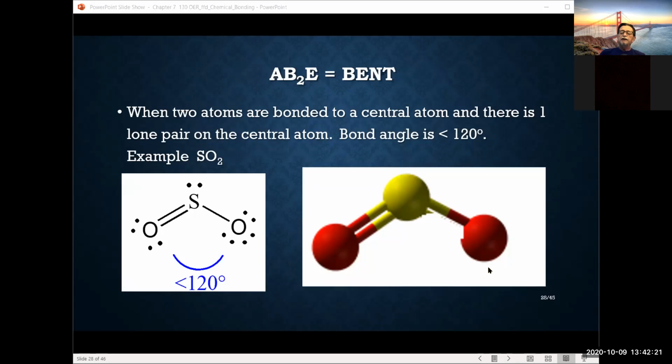Now the AB2E is the bent configuration, okay? Now you might think SO2 would be very similar to CO2, but remember, carbon is in group 4 and sulfur is in group 6. So sulfur will bring more electrons into the structure.